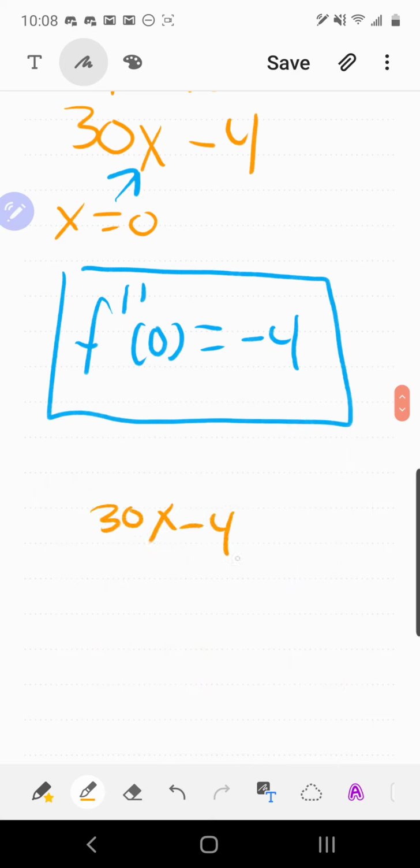And now let's do 30x minus 4, where x is equal to 4/15.